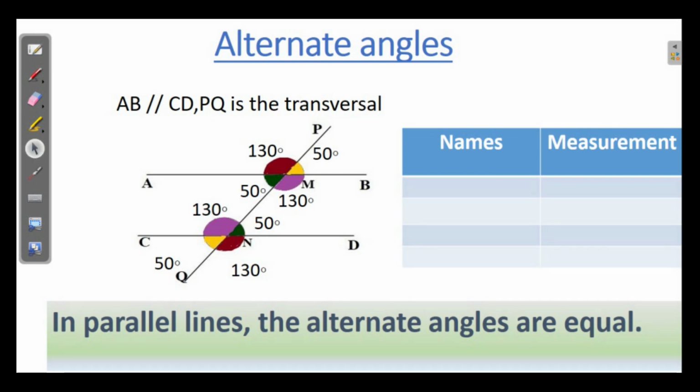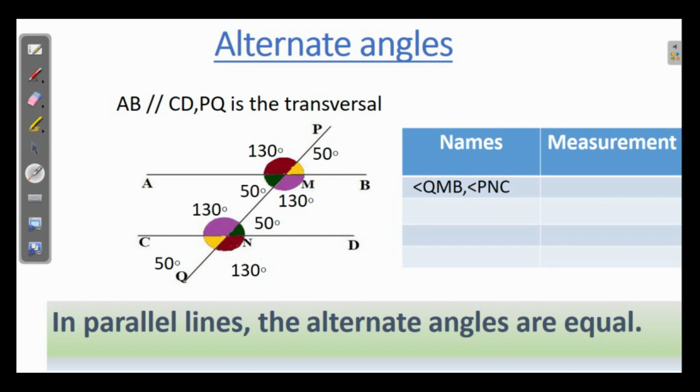Now let us write the pairs. Here, while writing the pairs also, we can take an order for our convenience. That is, first we may write down the interior angles. The first angle is angle QMB and PNC. QMB, interior angle.